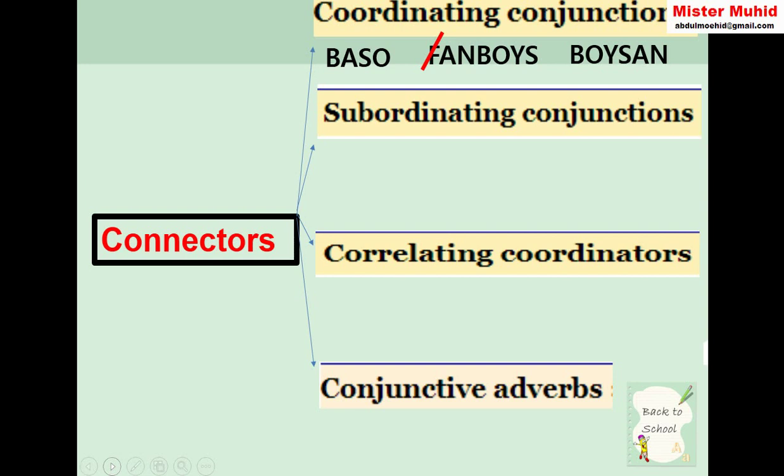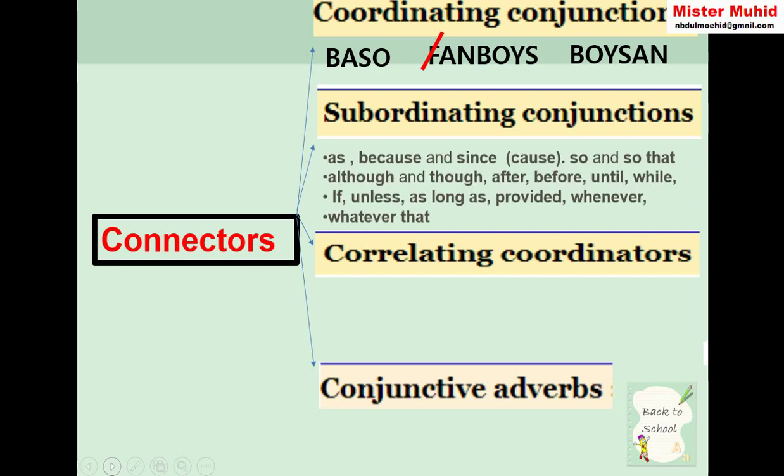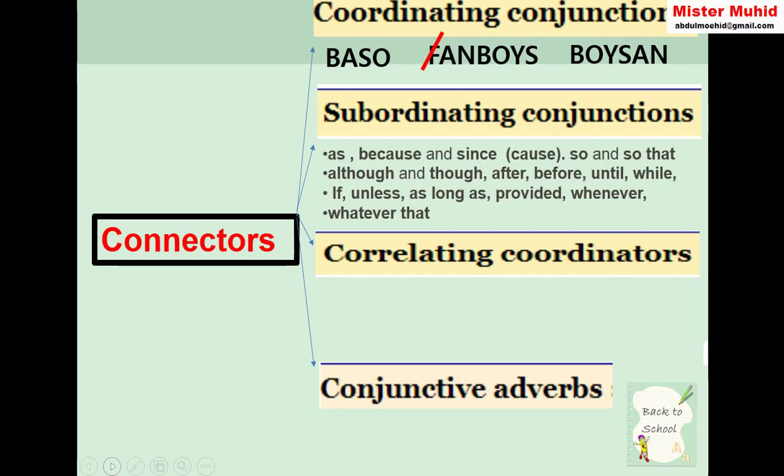And in this skill we just talk about coordinating conjunction, but let me tell you more about some other connectors. For example, subordinating: as, because, since, and then so, and so that.